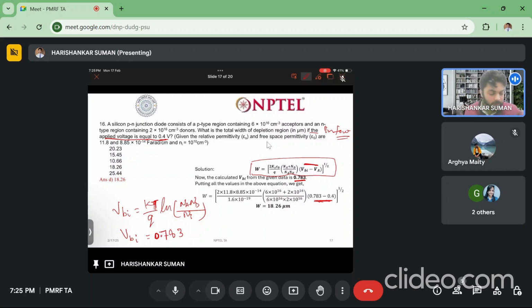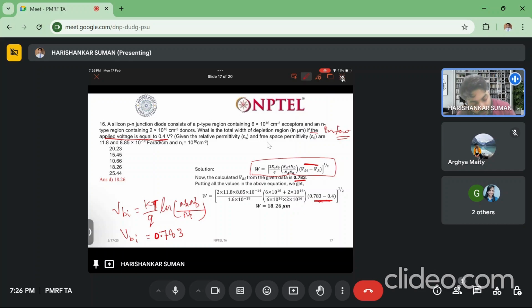So now put in these given values. Relative permittivity is given as 11.8, so Ks is also epsilon s. Please read it as relative permittivity. So 2 multiplied by 11.8, and epsilon naught is 8.85 into 10 to the power minus 14, already given.